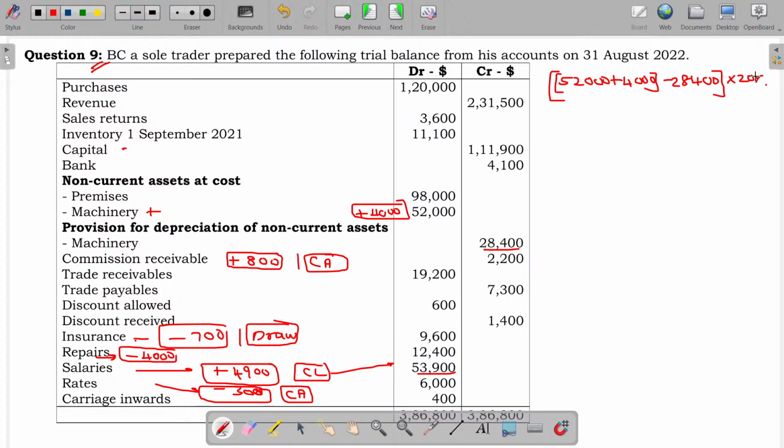So 52,000 plus 4,000 minus 28,400 into 20%. 5,520 will be the depreciation here. Now you have to add it to accumulated depreciation, and this is a part of P&L section expenses.